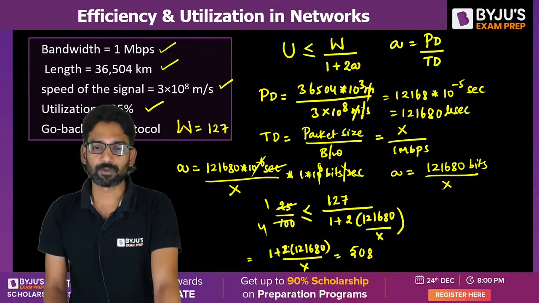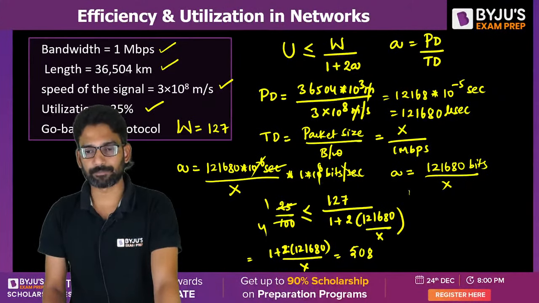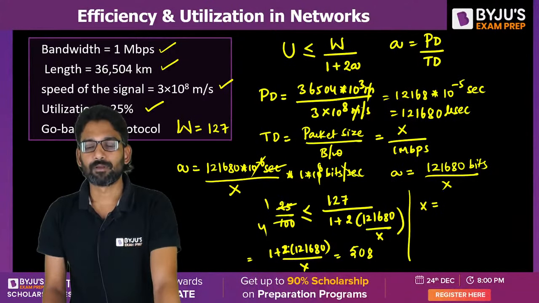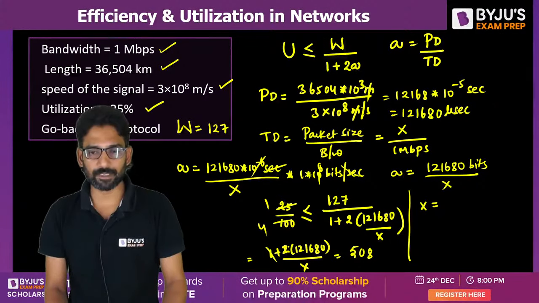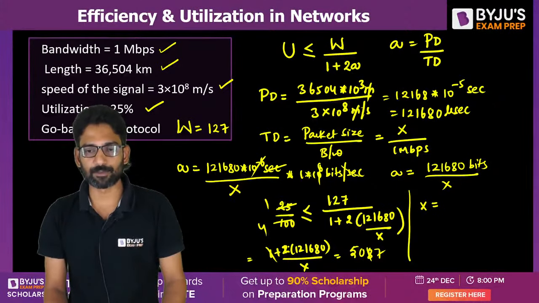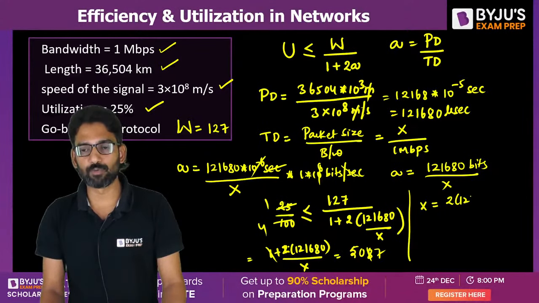Okay. So now when I want X, this one also, if it goes there, it becomes 507. So now X is 2 into 121680 divided by 507.